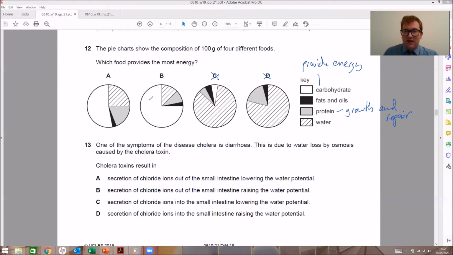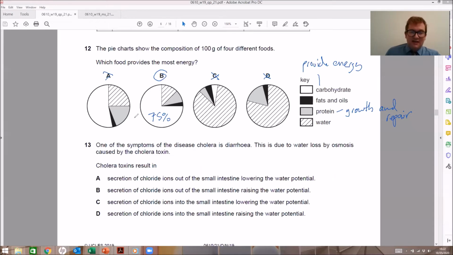So option B has a total of around about 75% carbohydrates, and that's quite a large chunk, followed by protein and some fats, compared to option A, which is only about 50%, just over 50, maybe 55% looking at this graph. So your only option here can be option B, because it has the most carbohydrates, and this would provide you with the most energy.